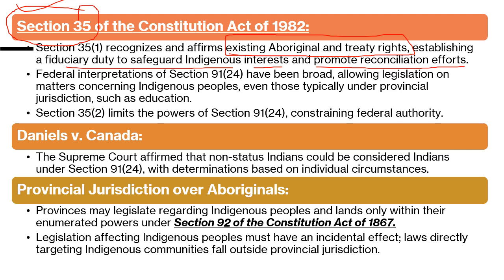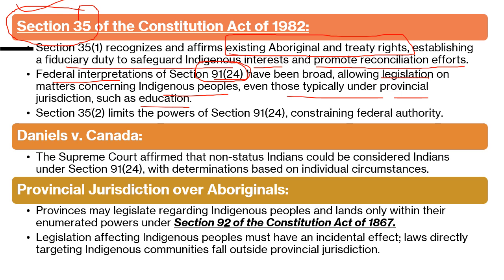Now, one thing that I told you: under section 91(24), only the federal government has authority. Only the federal government can legislate on matters related to indigenous people, even those which relate to a provincial jurisdiction like education. No matter whether education comes under provincial jurisdiction, if it is related to indigenous people, it will be governed by federal law.